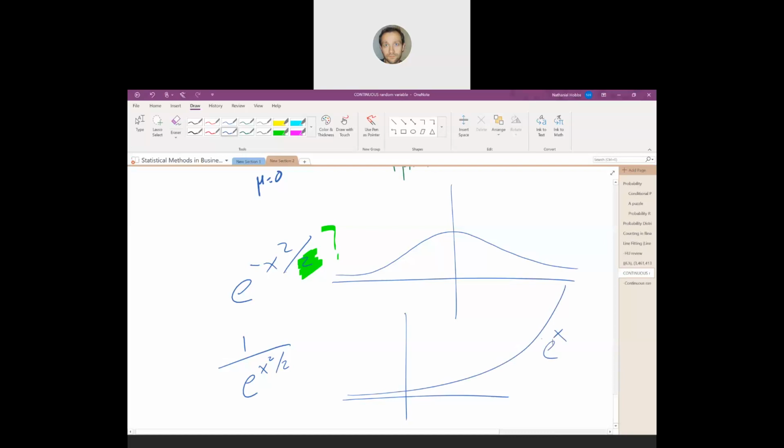So if this is x squared, then x squared over 2 would be here. So that's a smaller number. Therefore, e raised to that power is, oh wait, hold on, let's see. Right, so then e is a smaller number, but 1 over that does make it bigger. Yeah.